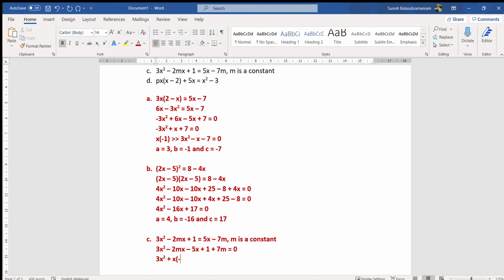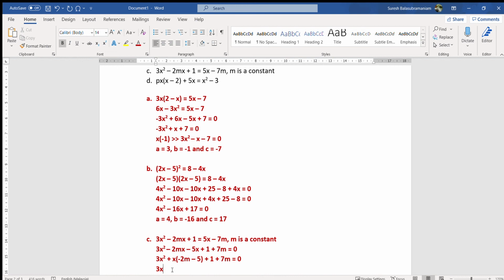So I get negative 2m minus 5. So factor out the x. So left with, okay, this one 1 plus 7m equals to 0. So I'll rewrite again with the x at the end of the bracket.